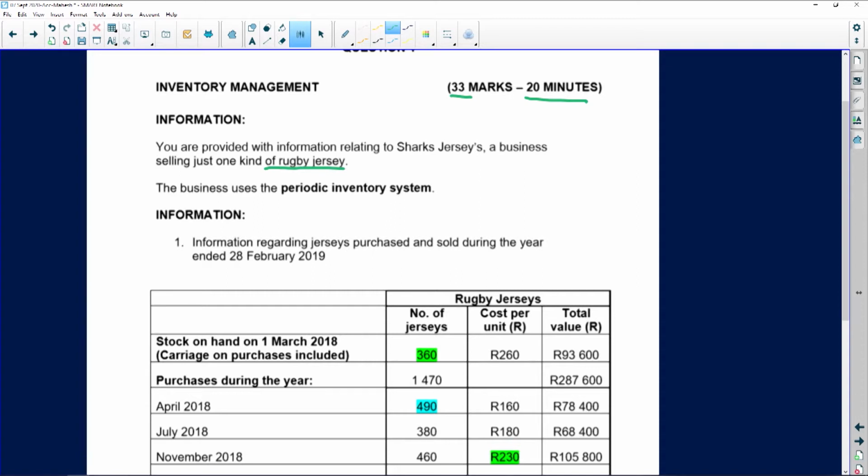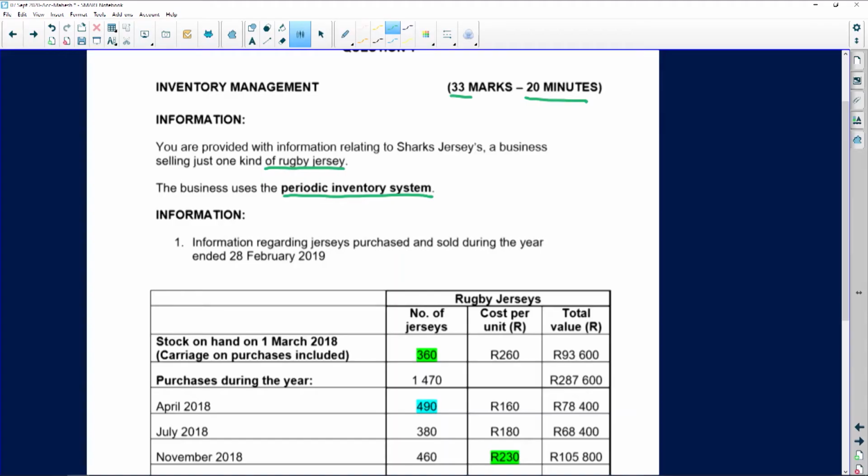The business uses the periodic inventory system. Now remember guys, periodic inventory system must not be confused with the stock valuation method. They are two completely different concepts that relate to stock. So when we talk about stock system, periodic or perpetual, we are talking about how the movement of stock is recorded.